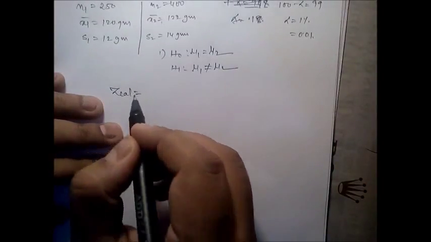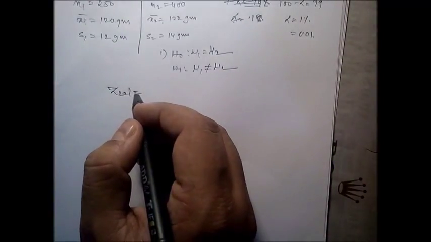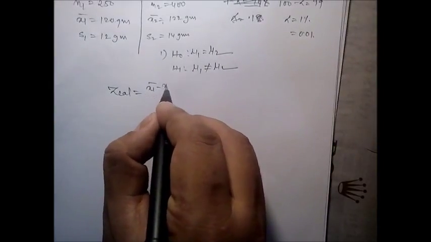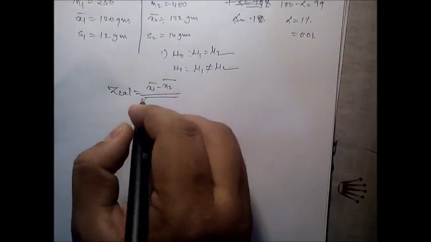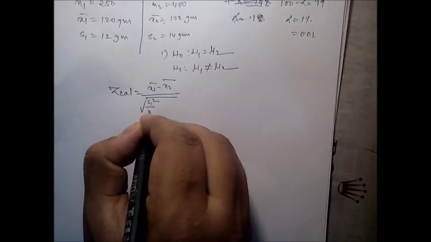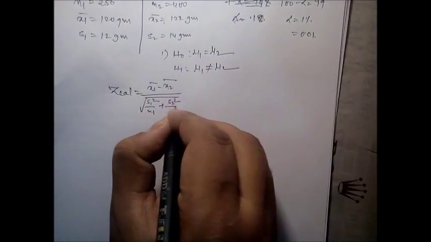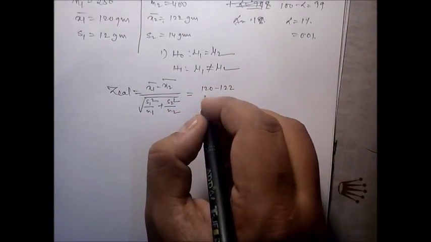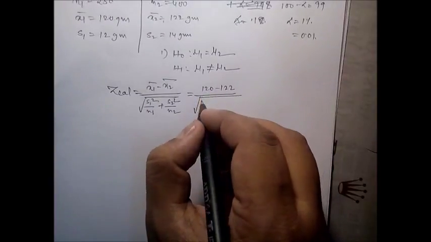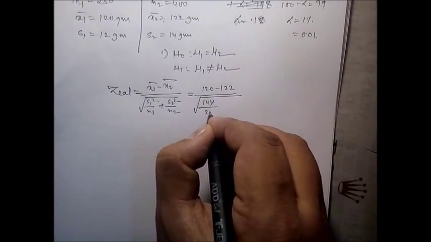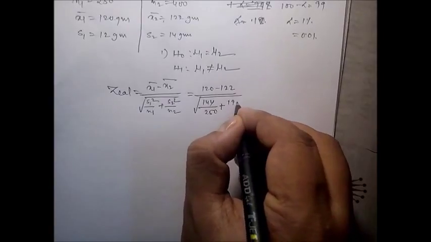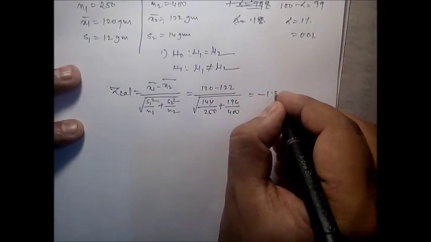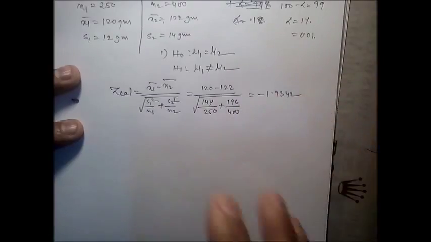Now Z calculate. It's very simple. x1 bar, x2 bar, s1 square by n1 plus s2 square by n2. So 120 minus 122, 144 by 250 plus 196 by 400, and the value is minus 1.9342.